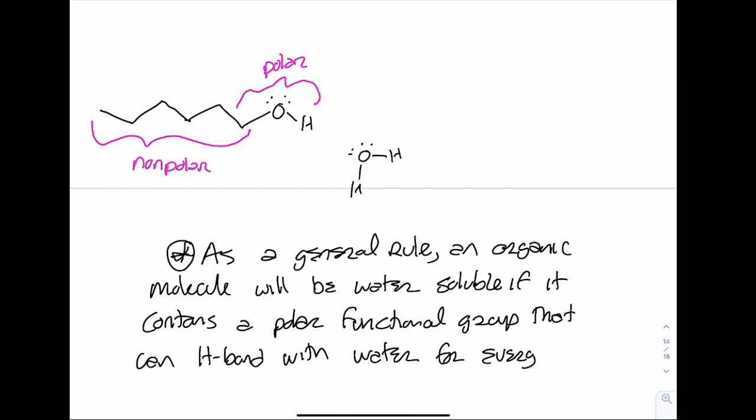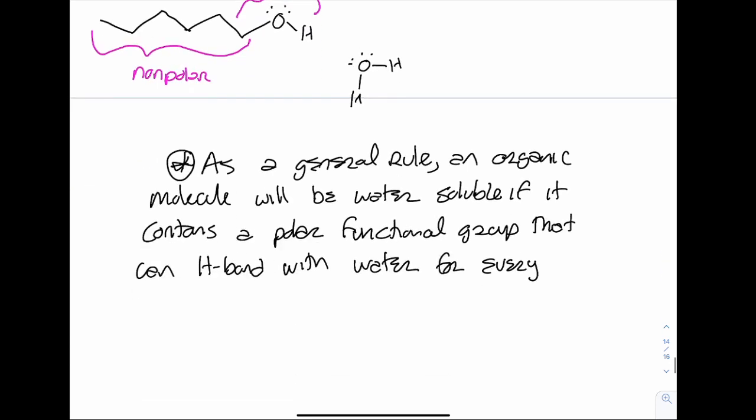And it's about 5 carbons, but we'll use 5 as our cutoff. There is a little bit of fuzzy, gray area on both sides of that, but we'll stick with 5. So as a general rule, an organic molecule will be water soluble if it contains a functional group that can hydrogen bond with water for every 5 carbons.